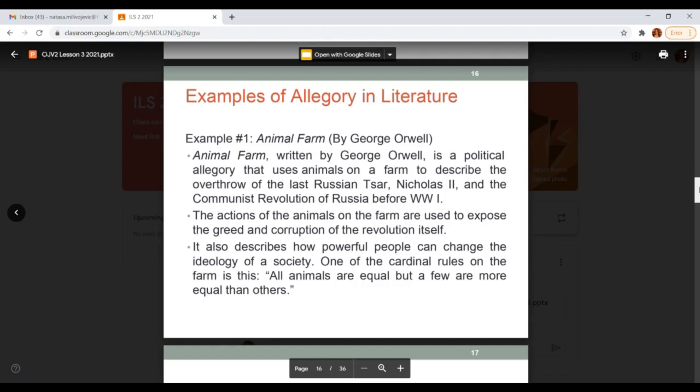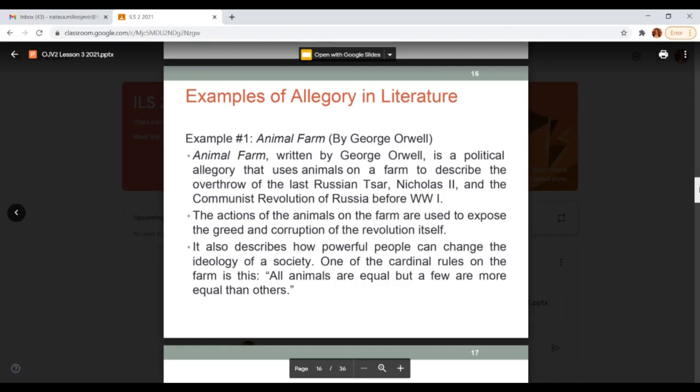It is really a political allegory which uses animals on a farm to describe the overthrow of the last Russian Tsar, Nicholas II, and also the communist revolution of Russia before World War I. So it's always taken as an example whenever you have a discussion of successfully employed allegory in literary works.